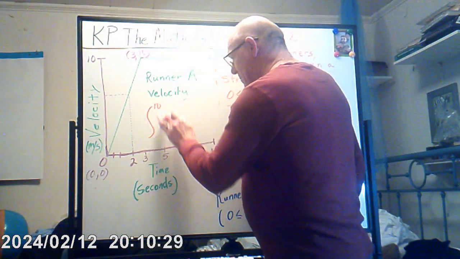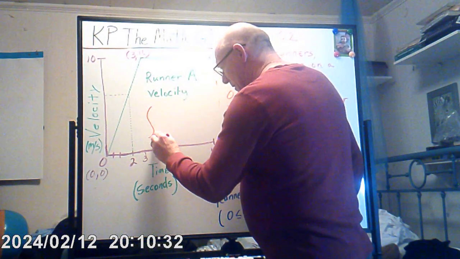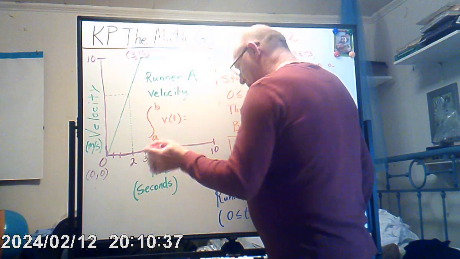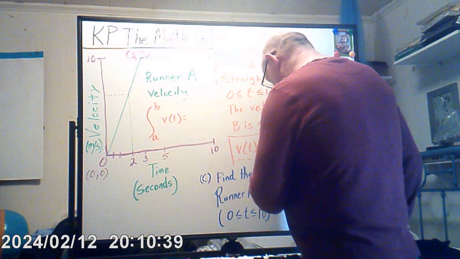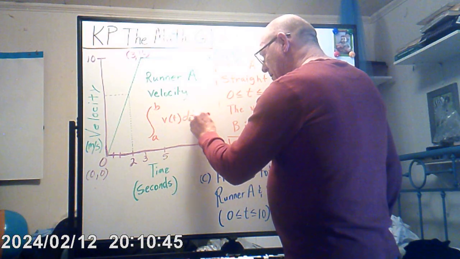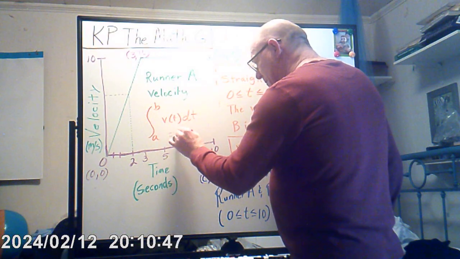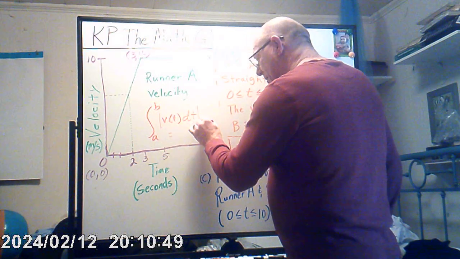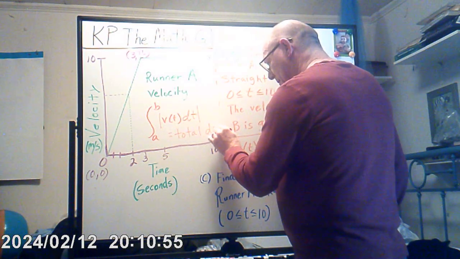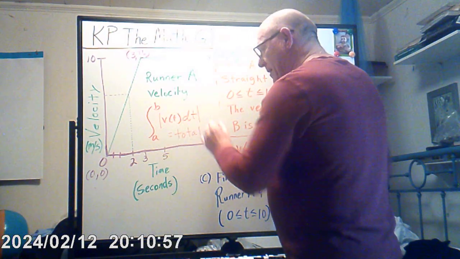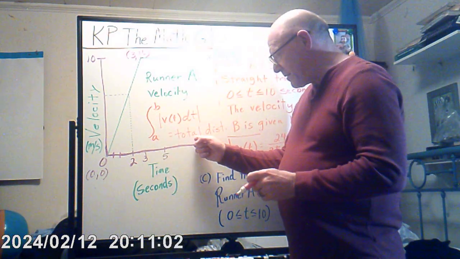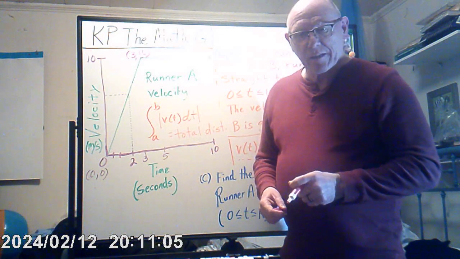Let's just say from A to B, in general terms, B of T dt is equal to total distance. When you take the definite integral of velocity, you get distance. Just keep that in mind.